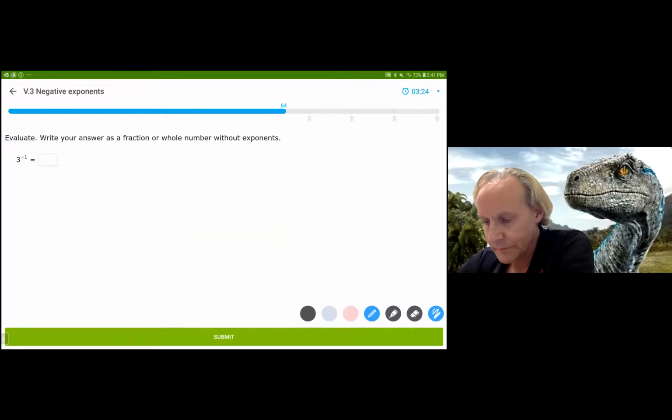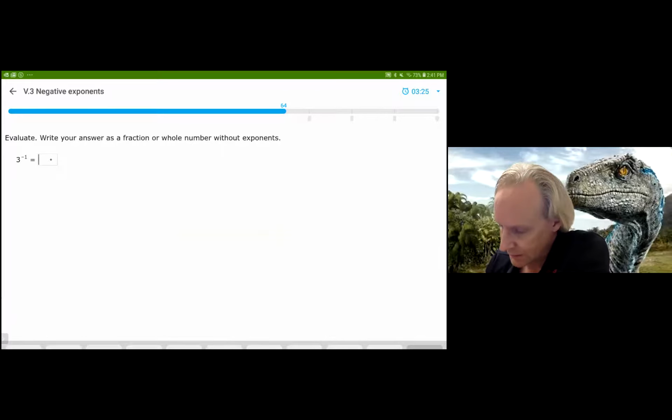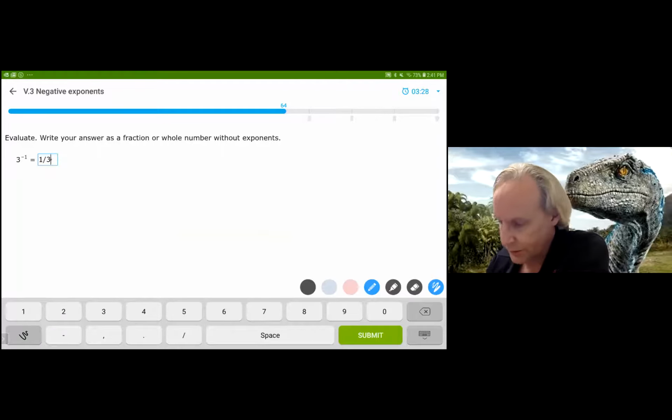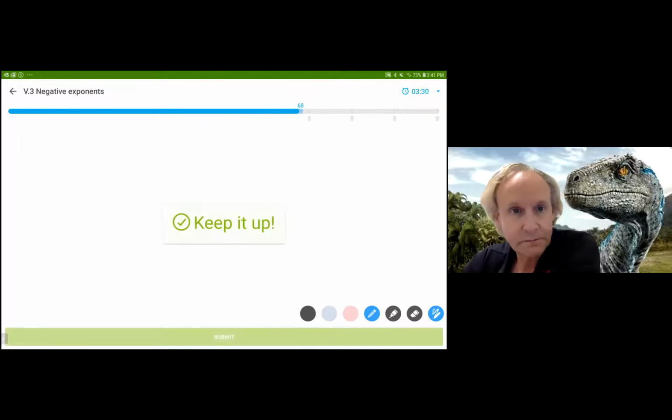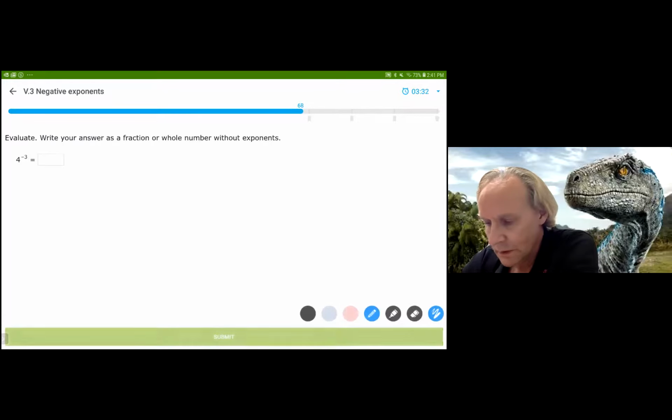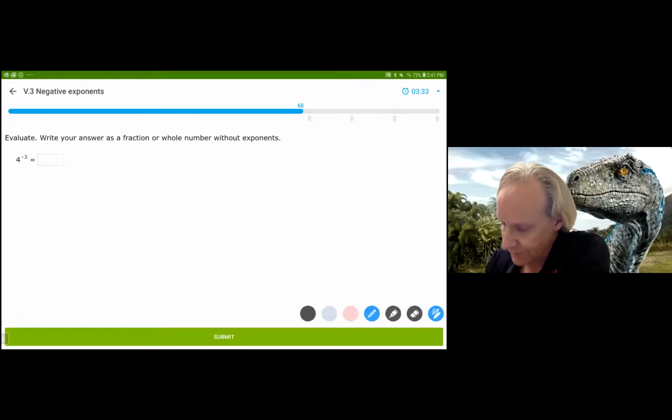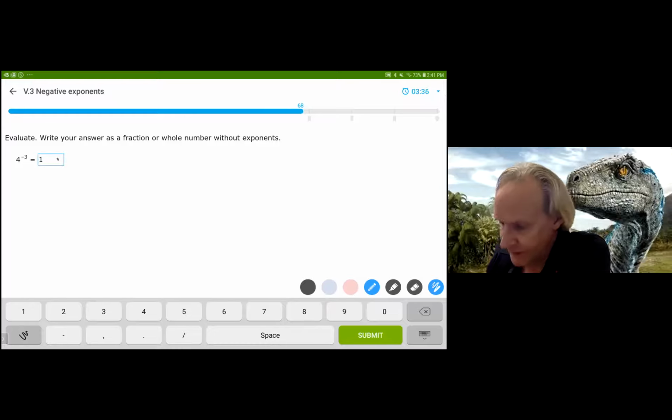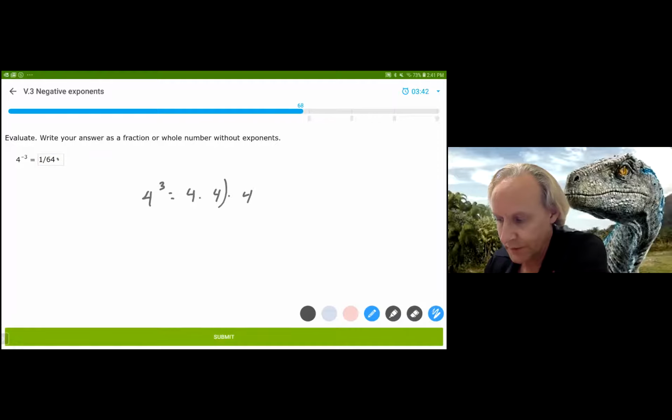All right. 1 over 3. No exponent needed. And 1 over 64. Again, you want to memorize your 4 cubed, which is 4 times 4 times 4. There's your 16, and you multiply that by 4.